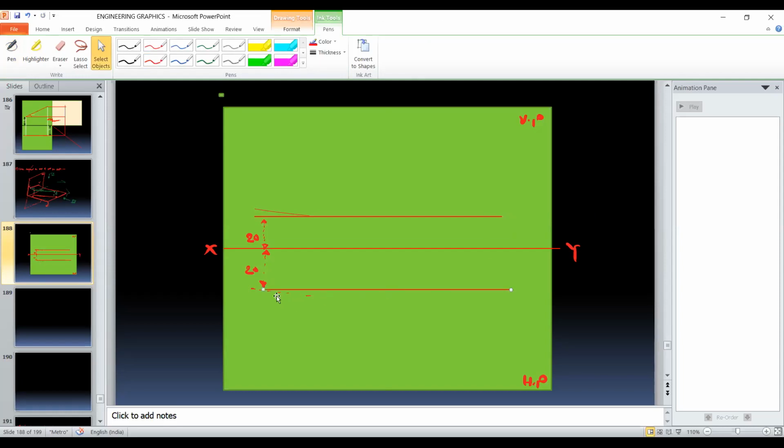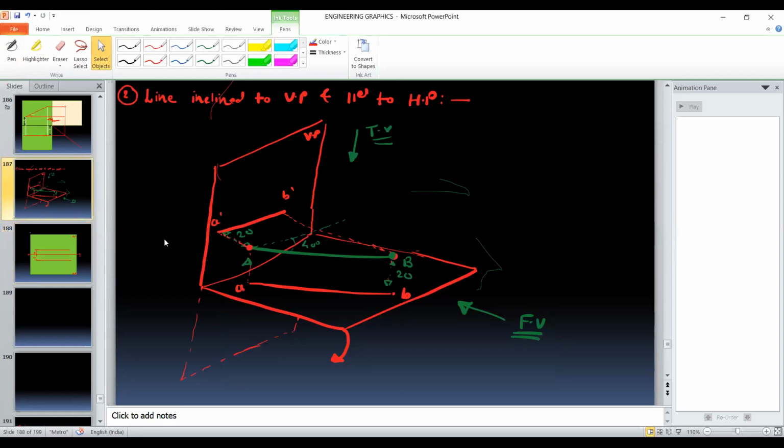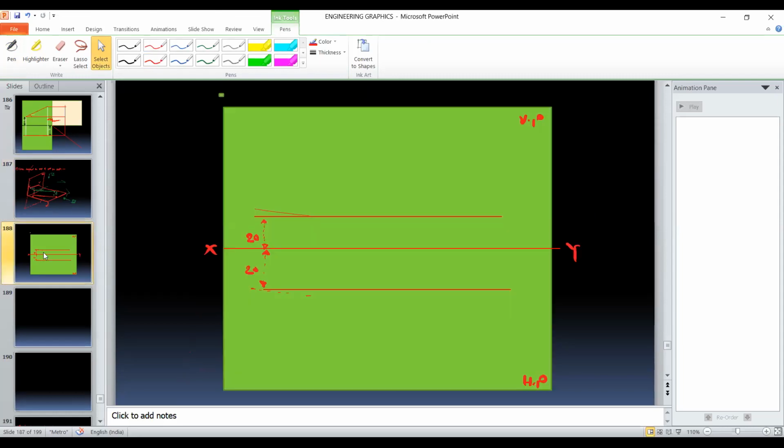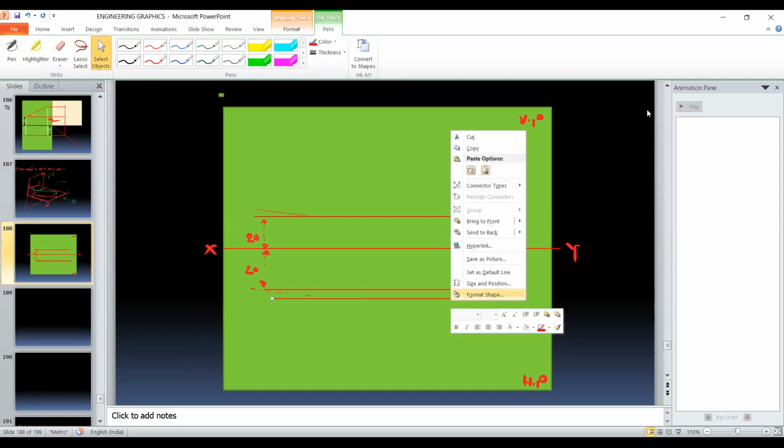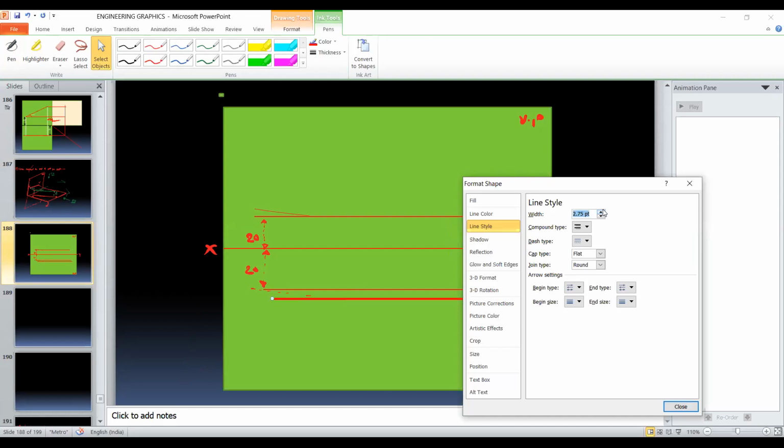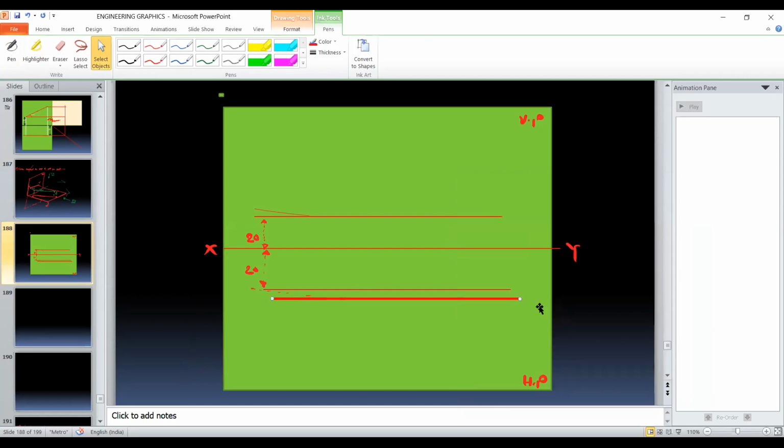From this point, I have represented this as point A. Draw this line and then draw the inclined line with the given inclination, that is equal to 40 degrees. Just draw this line as a continuous thick line.